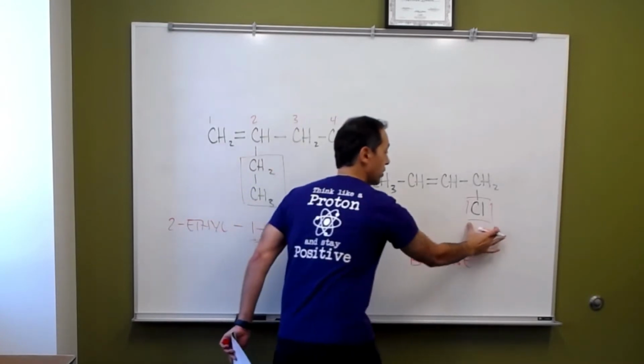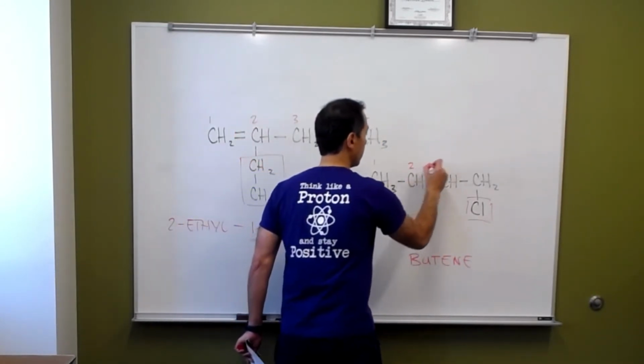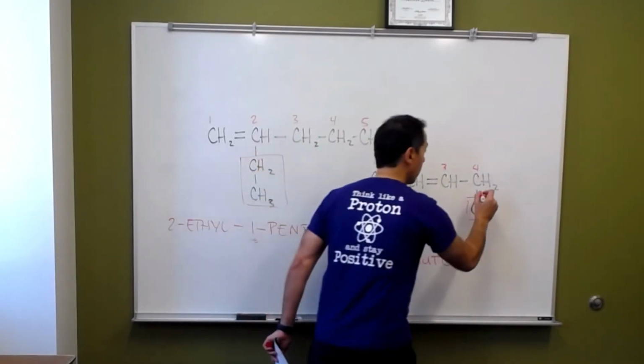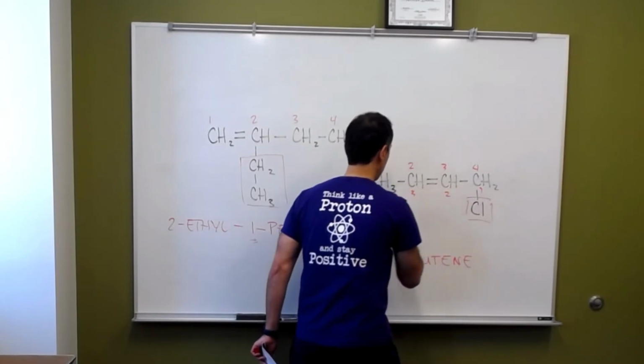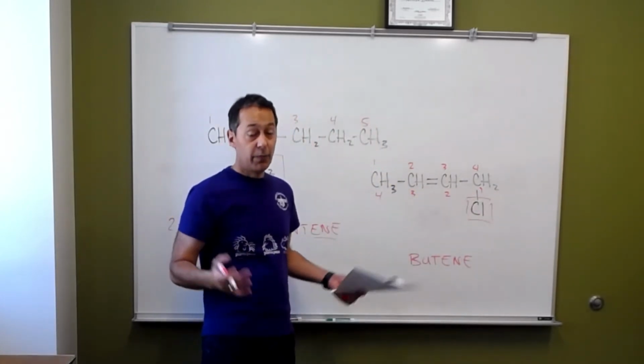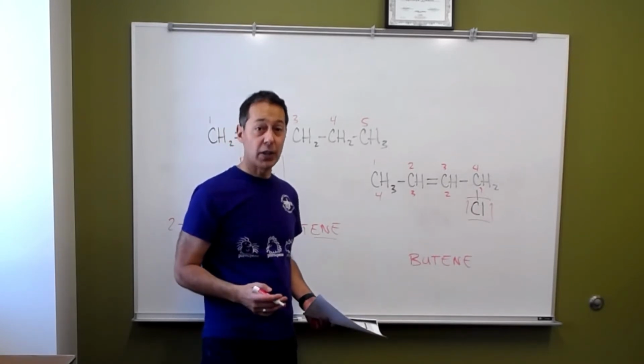And now that we have a substituent on here, it does make a difference. We could go 1, 2, 3, 4 like this, or we could go 1, 2, 3, 4 going from right to left. And if you probably have guessed at this point, we want to have the smallest possible numbers.